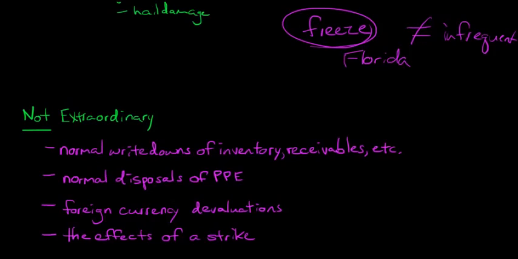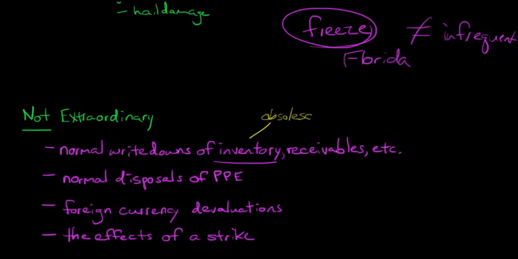So when we think of not extraordinary, we can think of normal write-downs of inventory and receivables. Let's say you make computers and they come out with a new kind of computer, and now you've got some obsolescence.